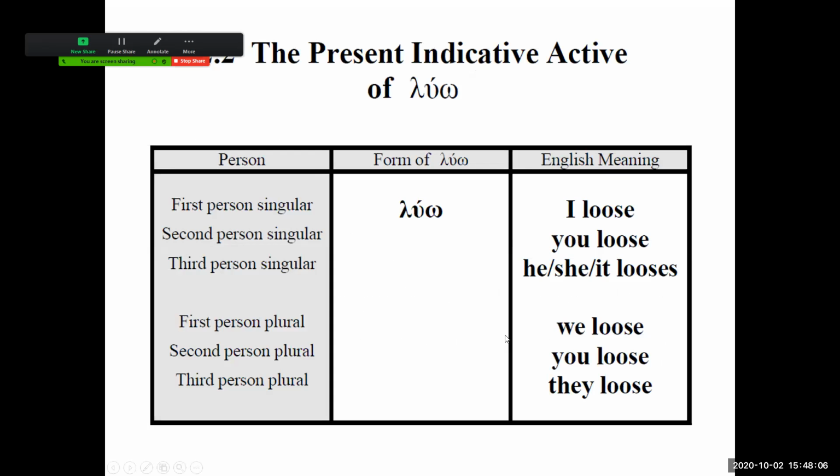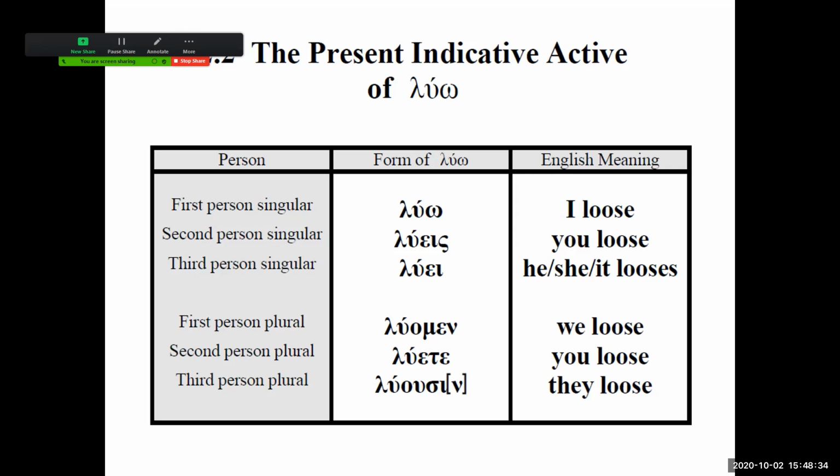Now let's just review briefly page 44, using luo, luo, lues, lue, luomen, luete, luusin. Those are the six forms we need to know for the present tense. And they work for most verbs. There will be some exceptions.